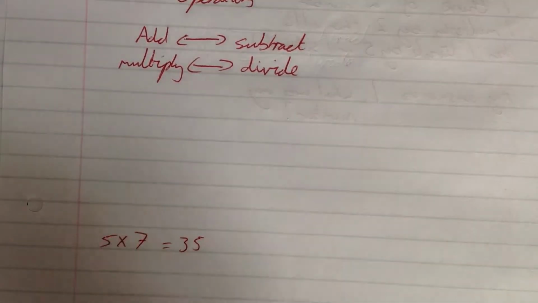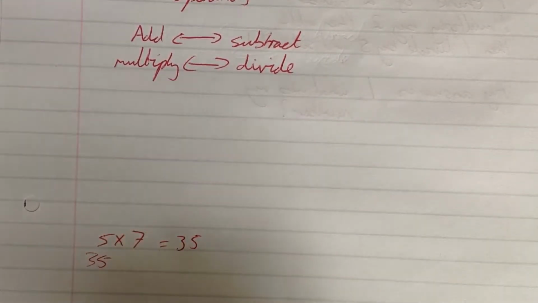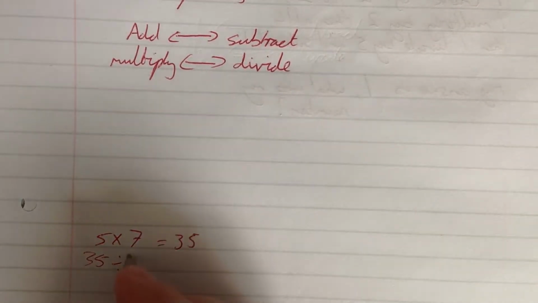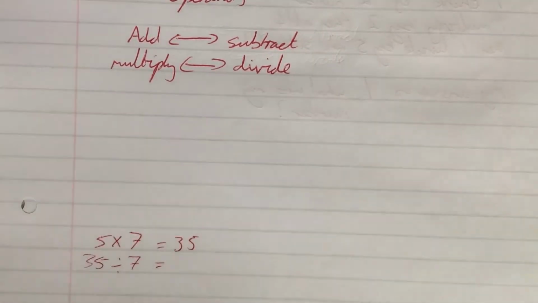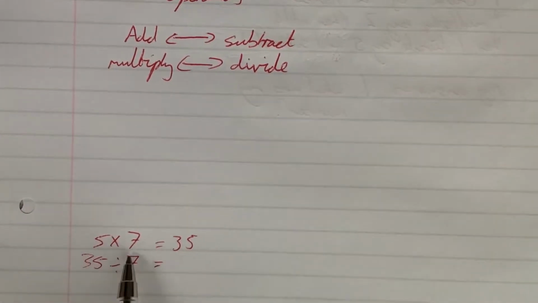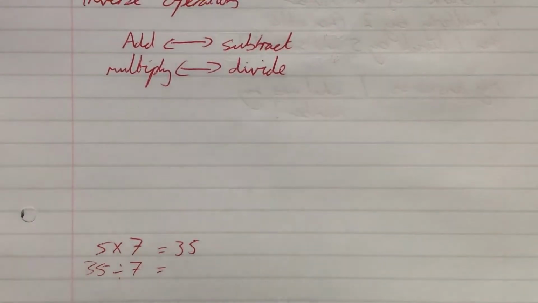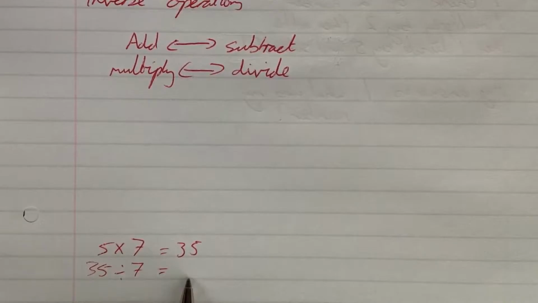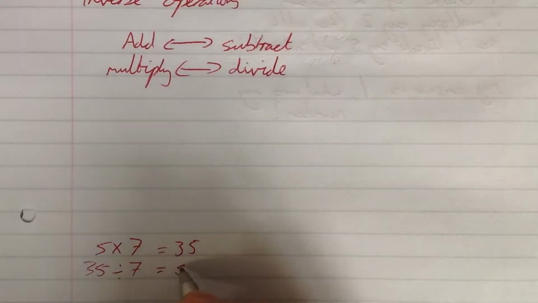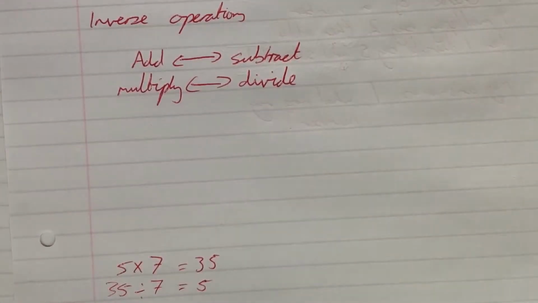What we're going to do is start with the answer, 35, and divide by this number here, 7. Now if 5 times 7 equals 35 is correct, this should be 5. And indeed it is.